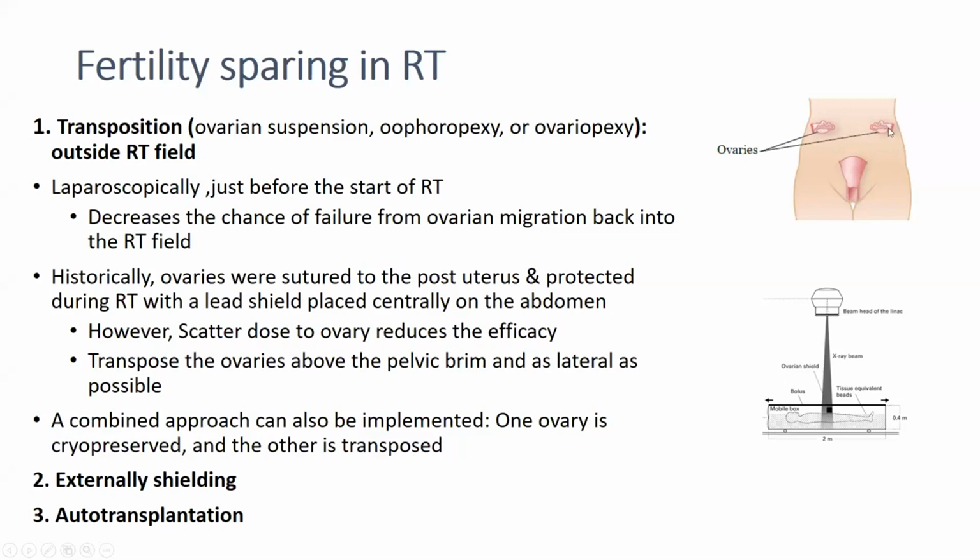The historical approach was to suture these ovaries on the posterior aspect of the uterus and use a midline shield, but this is not a good method because there will be some scattered dose to the ovaries even when midline shielding is used. So it is a good idea to transpose the ovary above the pelvic brim and as lateral as possible.